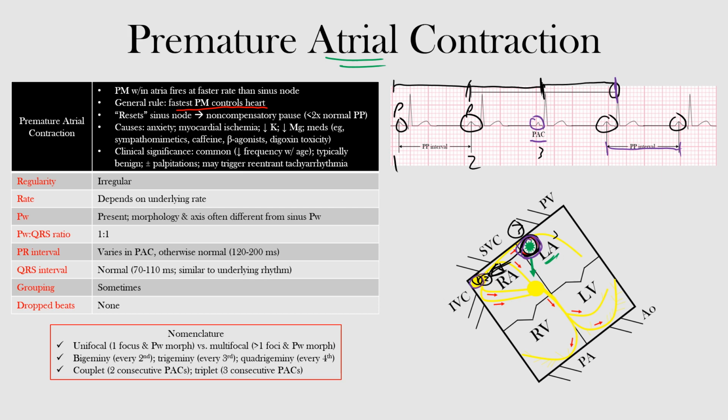So again, we have our beat coming from this place, going towards our AV node, and depending on how far it is, if it was coming from this point, it may have a shorter PR interval. If it was coming from all the way over here, you'd maybe see a longer PR interval.